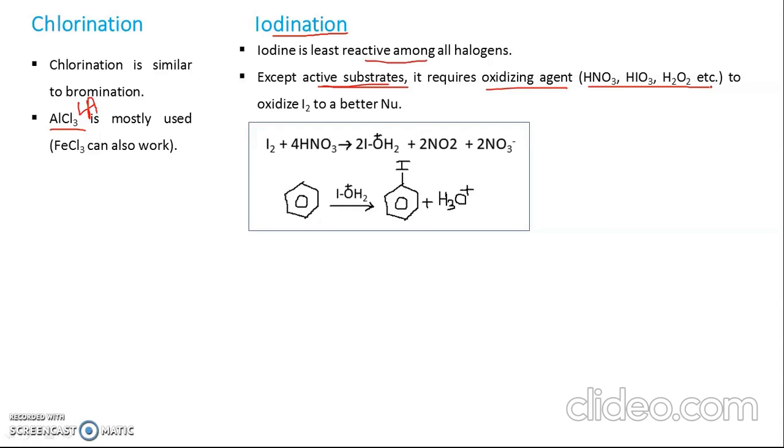So if it is an active substrate, suppose aniline, anisole, all are activating groups, that is NH2, OMe. But suppose if it is not an active substrate, suppose simply benzene ring if you take, then we have to use some oxidizing agent, so that the oxidizing agent will oxidize the iodine to an electrophile.